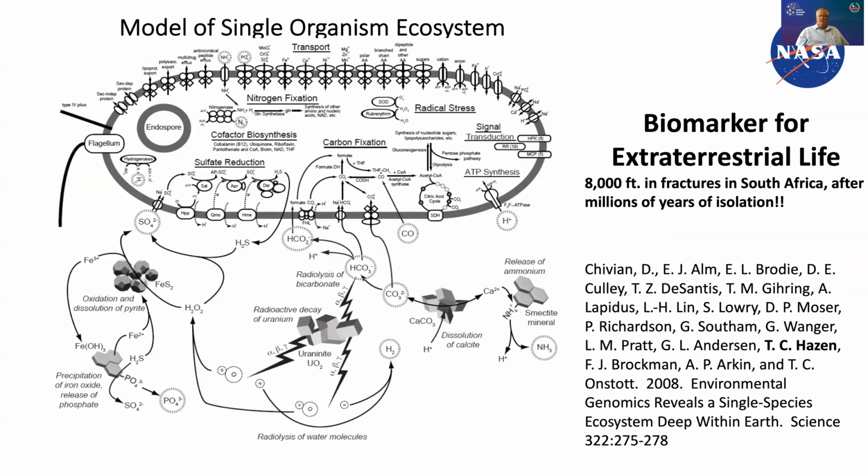It's 8,000 feet down in the fractures of South Africa, and it's been isolated for over 1 million years. The radiolysis we showed would create hydrogen peroxide and bicarbonate, which in turn affects the surrounding rock material containing ferrous sulfide, which would release sulfate and phosphate, and dissolution of calcite, which releases ammonium, giving the cell all the things necessary for growth and activity.